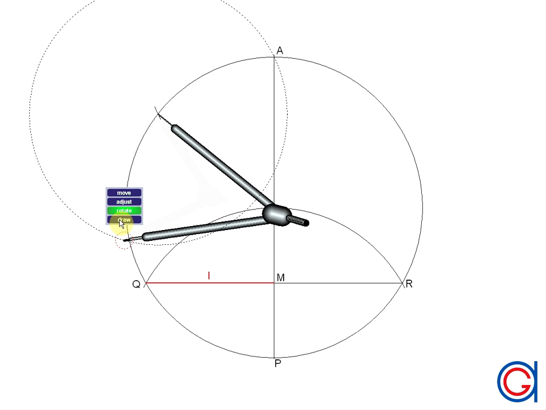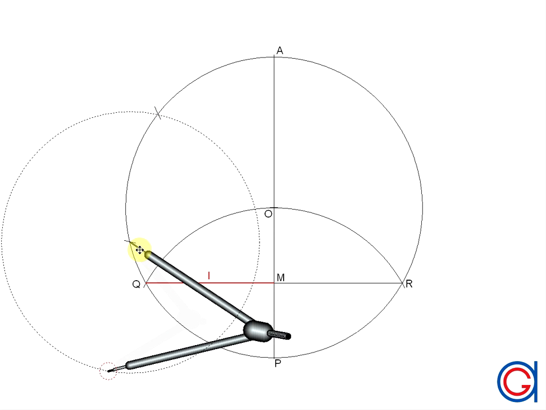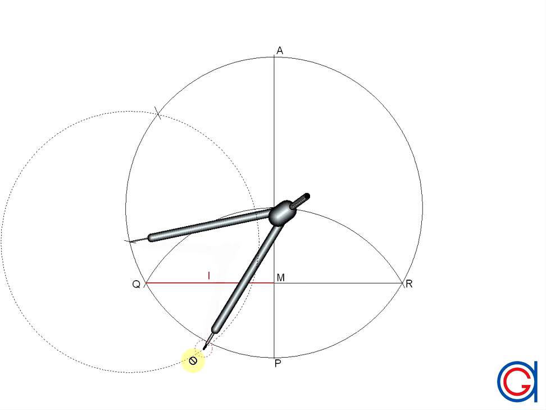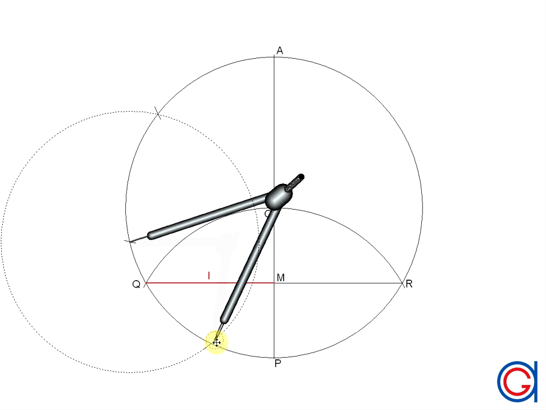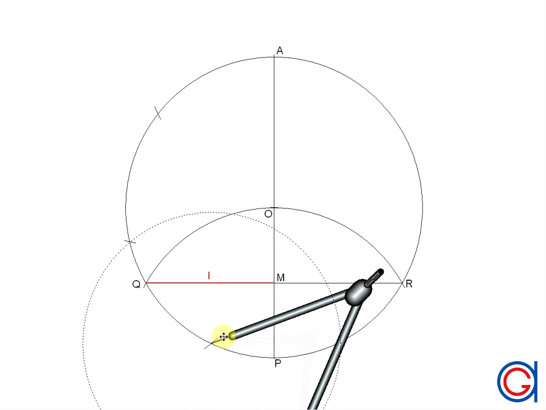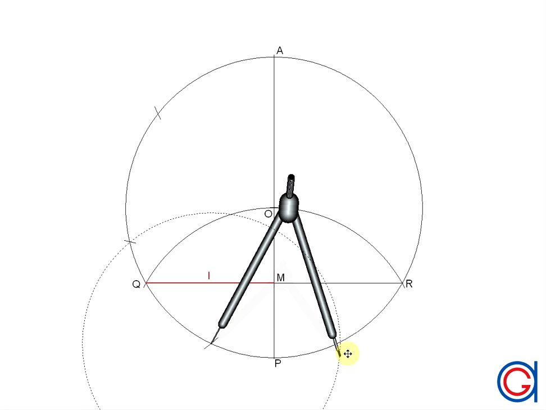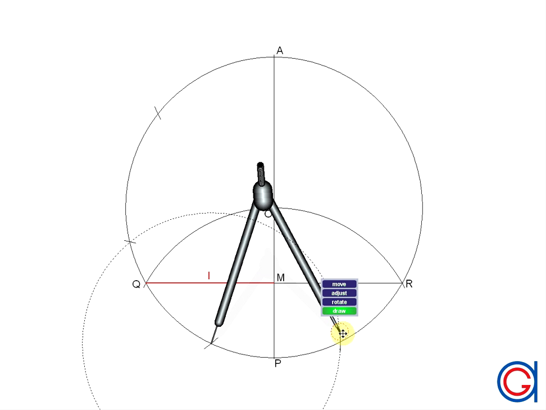Now setting our compass on the previous arc, we scribe our second arc. Here we have our third. Here's our fourth arc.